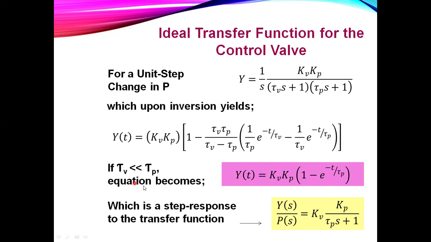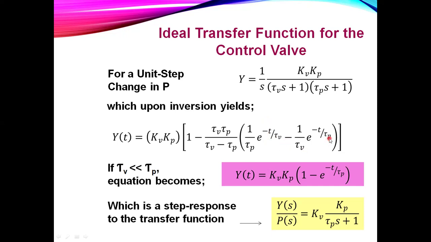Now, if we say that the time constant of the valve, tau sub v, as indicated in the first slide, will be a lot lesser than that of tau sub p. If this one will be a lot lesser, and we divide negative t by a very small value, what happens to this entire thing? It will become very big. This one, the negative t over tau sub v.